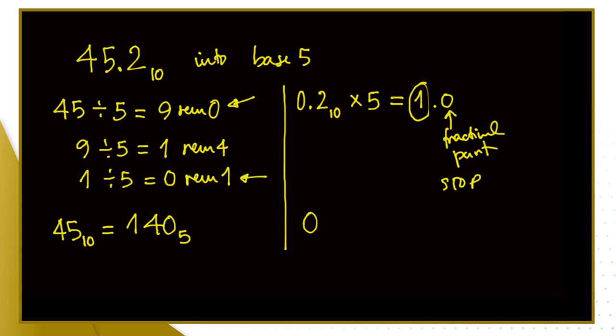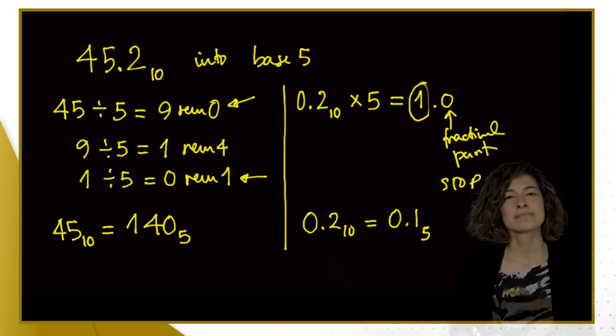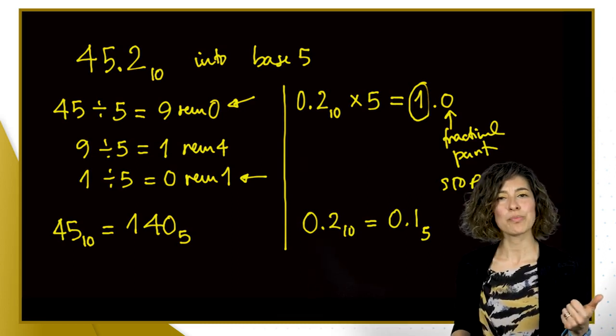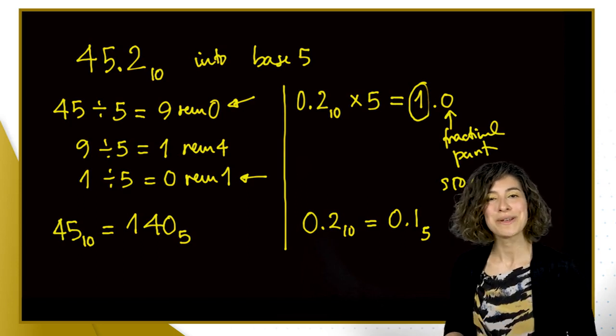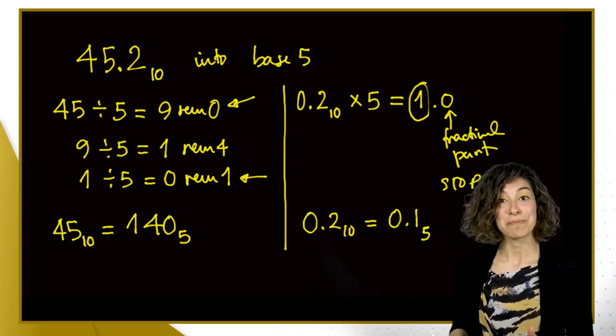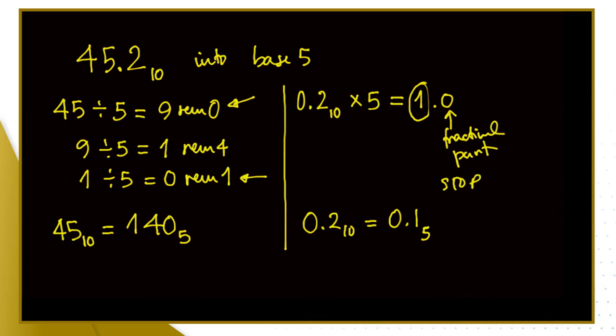And that means that 0.2 is going to be written as 0.1 in base 5, which is okay, because 0.2 is a fifth, and 1/5 is the first fractional place value for base 5. So putting it all together, 45.2 is 140.1 in base 5.